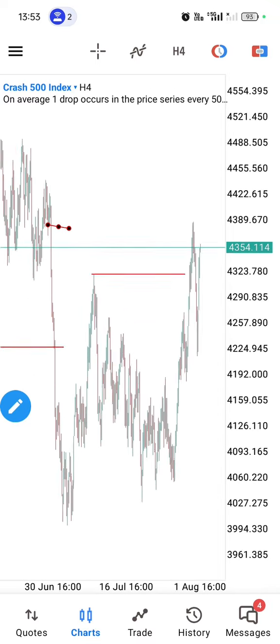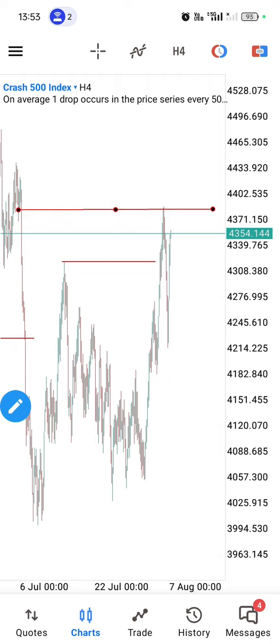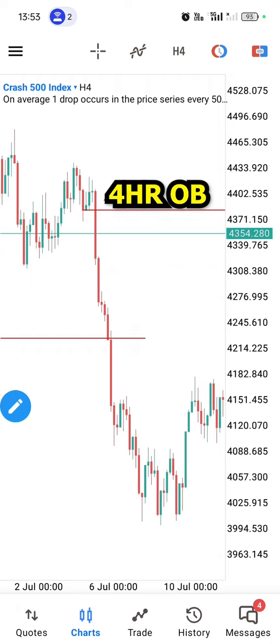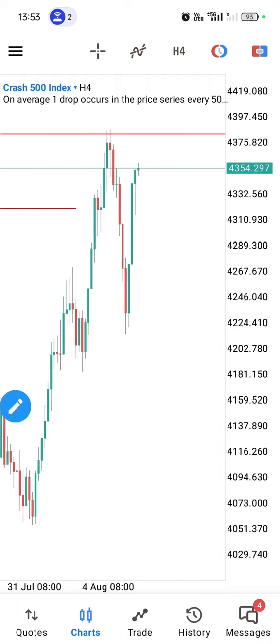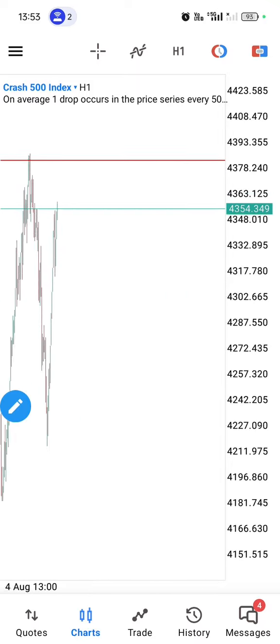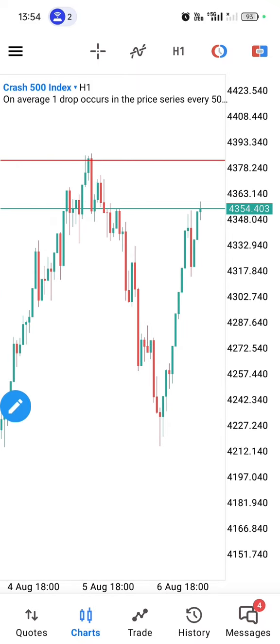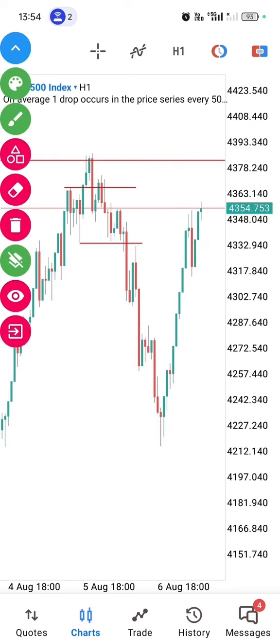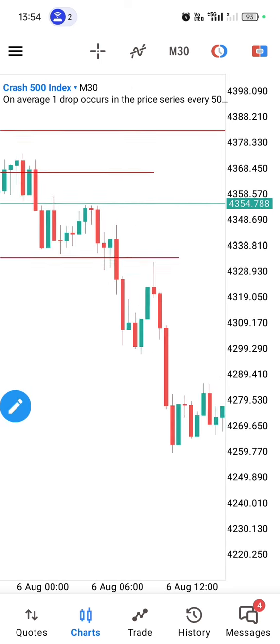If I stretch out this 4-hour order block, you can nicely see that price respected it properly. There was a proper reaction, and it formed our normal pattern, where price breaks structure, hits the 4-hour order block, and then gives us a change of character. From the change of character, price dropped down immediately, and it kept on plummeting down.